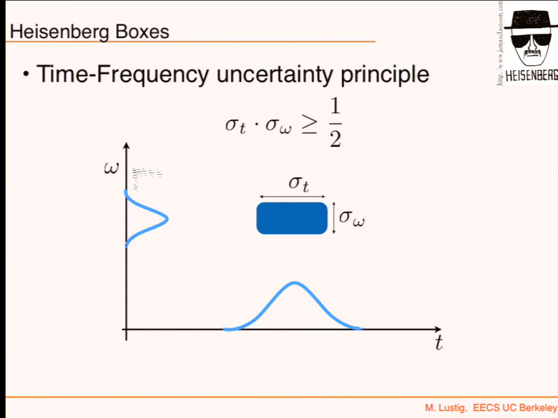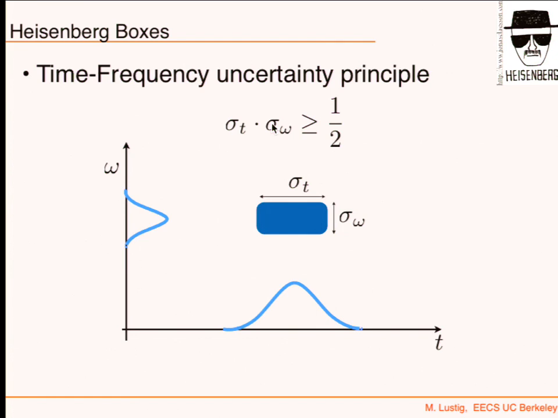And that ambiguity, or this uncertainty principle, is described as sigma t times sigma omega, which is the variance of a Gaussian. It's always greater or equal than half. For Gaussian signals, it's equal to half.